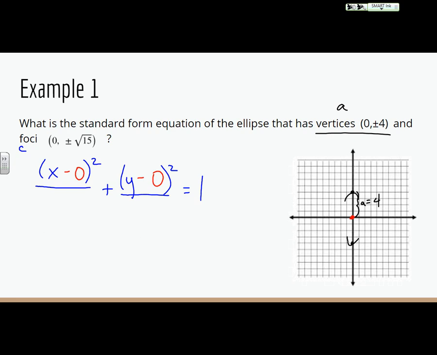Well, I could definitely plug it into my equation, but I've got an even easier way. If my ellipse is vertical, or if my A is going up in the y direction, then this 4 is going to go underneath the y. And notice it's a 4 squared in my formula. So in this case, it's going to go underneath the y.